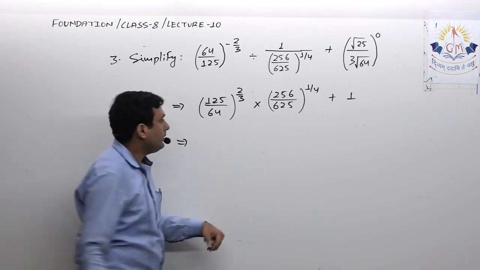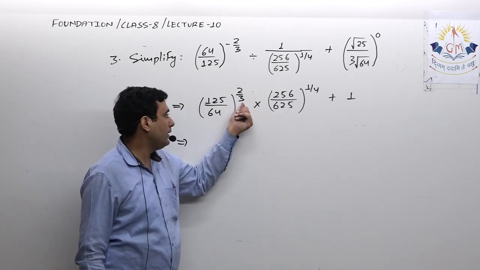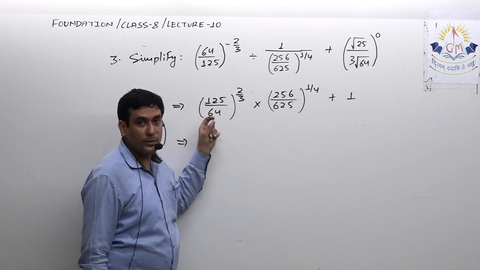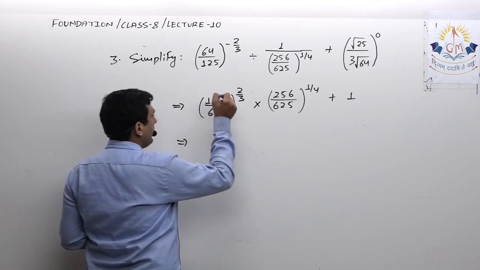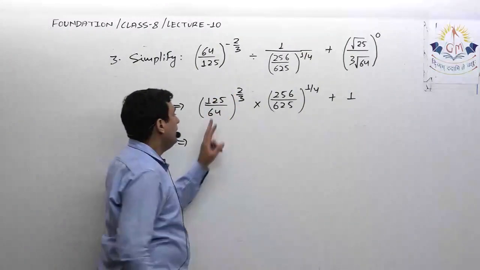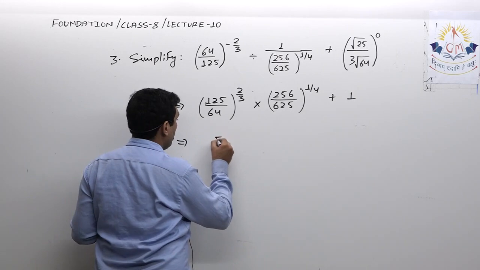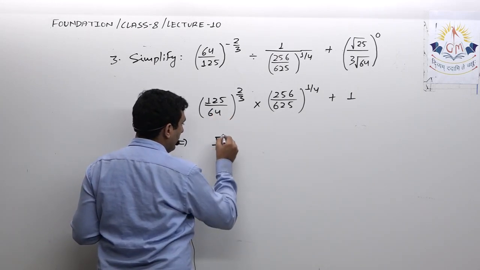Now again, as I told you, the denominator in the exponent is 3. It means it is possible to write the term in the form of something raised to 3. So 125 is actually 5 cube and 64 is actually, sorry, this is 4 cube, not 8 cube.